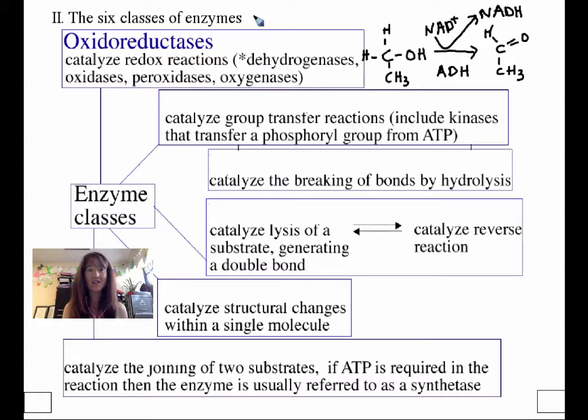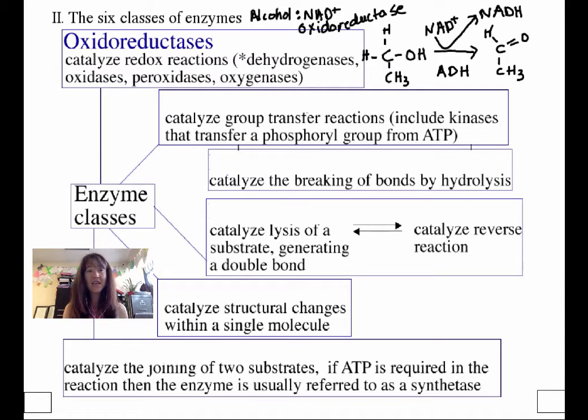So another name for alcohol dehydrogenase would be alcohol or ethanol:NAD+ oxidoreductase, to take a more systematic approach. We also have many others that fit into this category, and along our journey of metabolism, we will meet a lot of other oxidoreductases. But for now, let's move along and turn our attention to some of the other classes of enzymes.